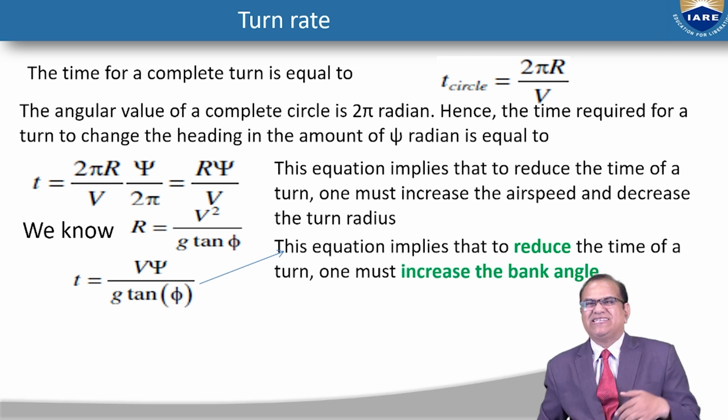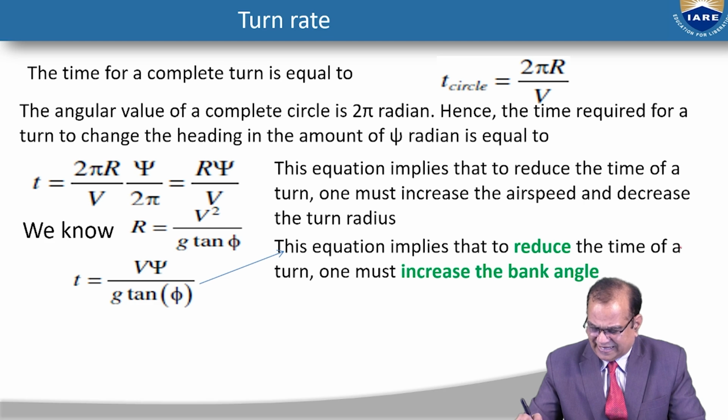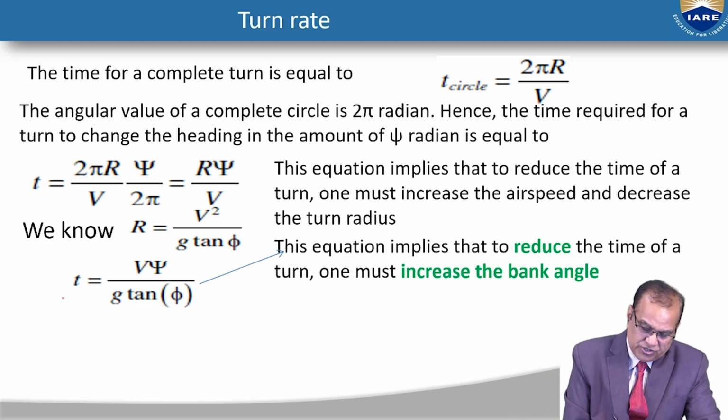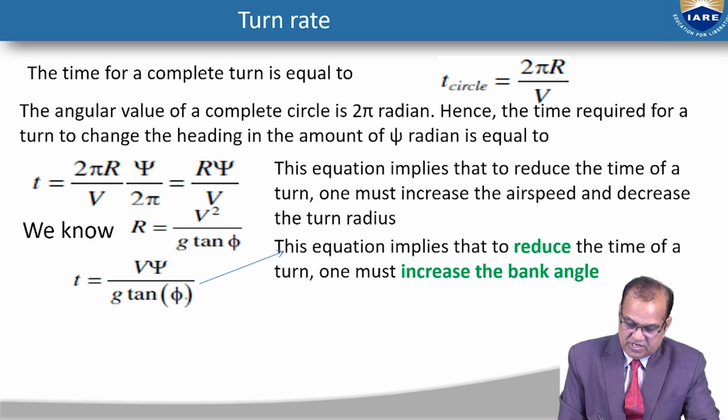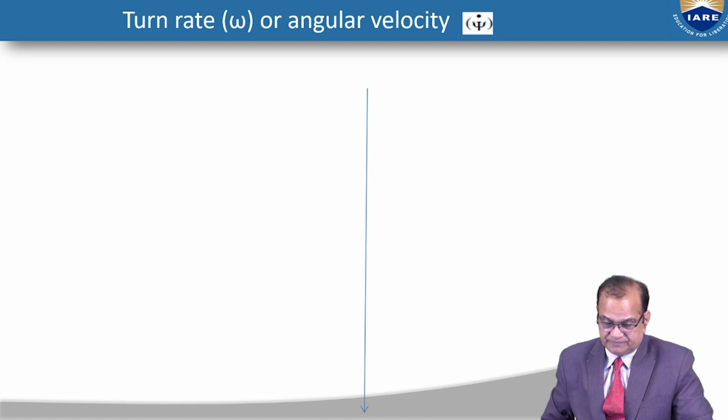So this equation implies that to reduce the time of a turn, one must increase the bank angle. If you want to reduce T, you have to increase this tan phi. So phi should be increased, then the time will be reduced.